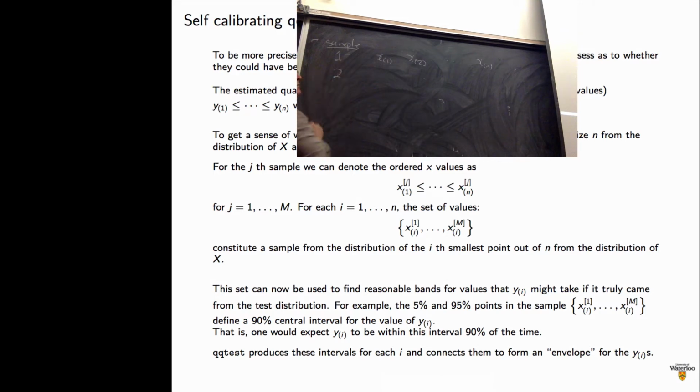And now I do that again, get another smallest value, second smallest value, etc., up to the nth smallest value. And I do that, let's say, 1,000 times. Now these are all different values, so I'm going to give them a superscript here, right? That's from the first sample, from the second sample, all the way down to the 1,000th sample.